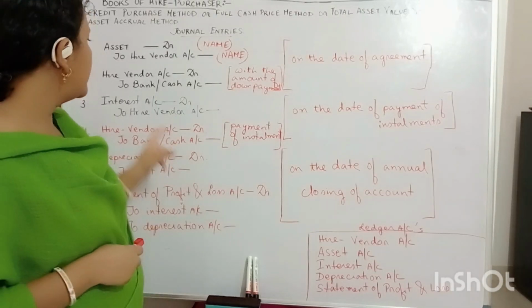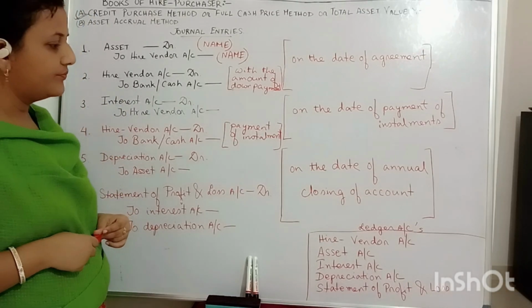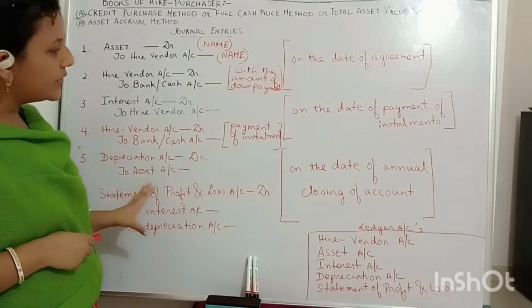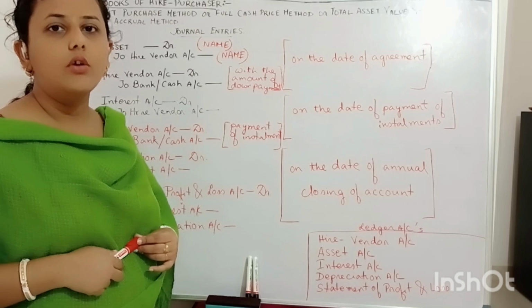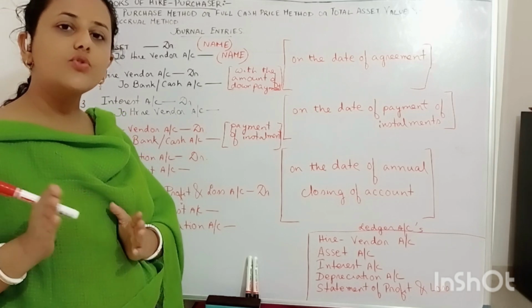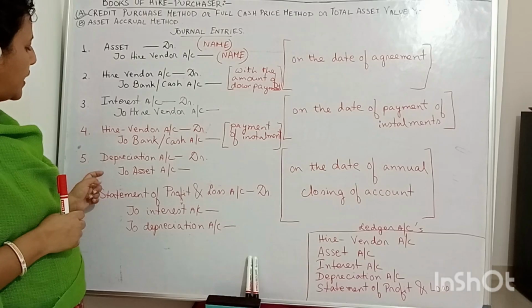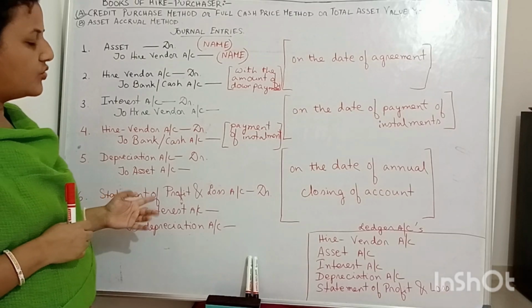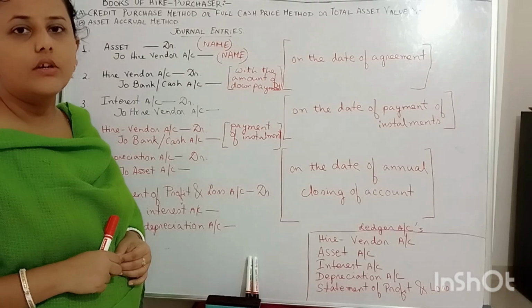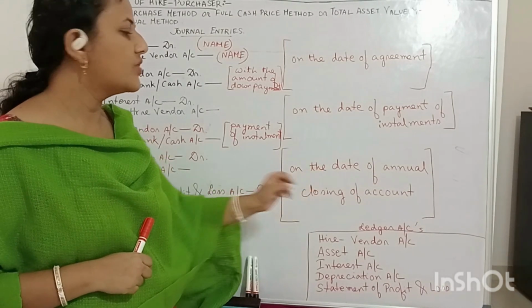Got it? These two amounts, interest account and depreciation account. So these two entries will be passed on the date of annual closing of account. So when the accounts will be closed, these two entries are passed: depreciation account and the transfer of interest and depreciation to profit and loss account, on the date of annual closing of account.